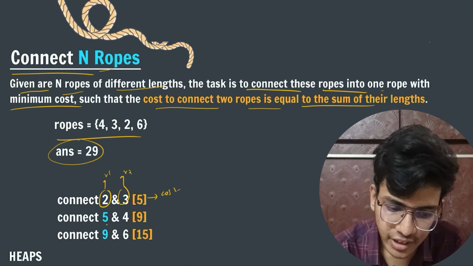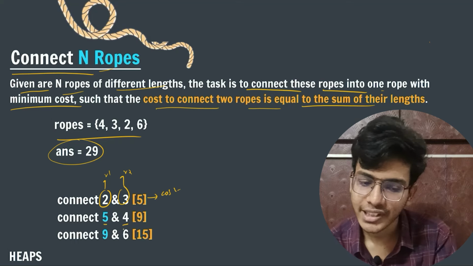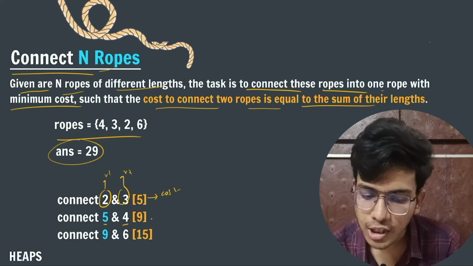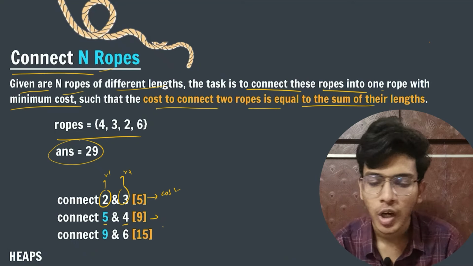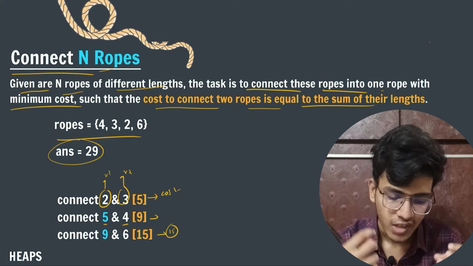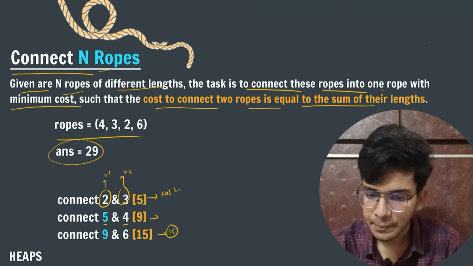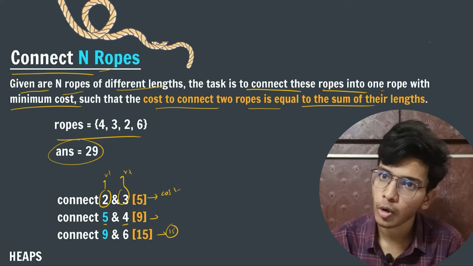If the first rope length is 5 and the second rope length is 4, then the cost will become 9. If the first rope is 9 and the second rope is 6, then the cost will become 15. Like this, the cost is totally dependent on the length of the rope.